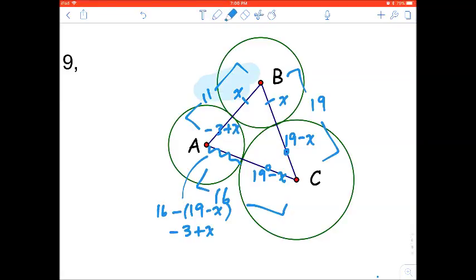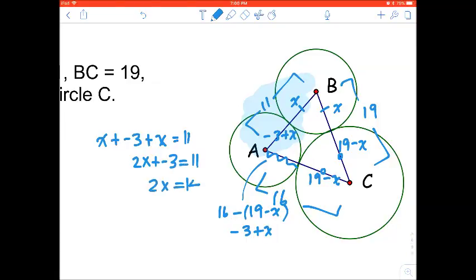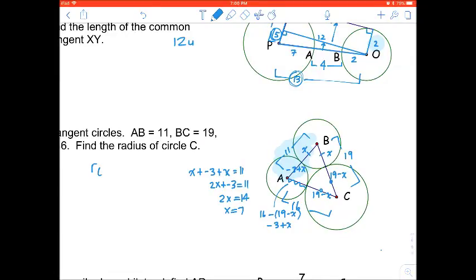And if you look at where we ended, we have 2 different values that we can add together, x and negative 3 plus x, to get the segment length AB, which is 11. Combining like terms and solving our 2-step, we get that the radius of circle A is 7. So the radius of circle A is 7.